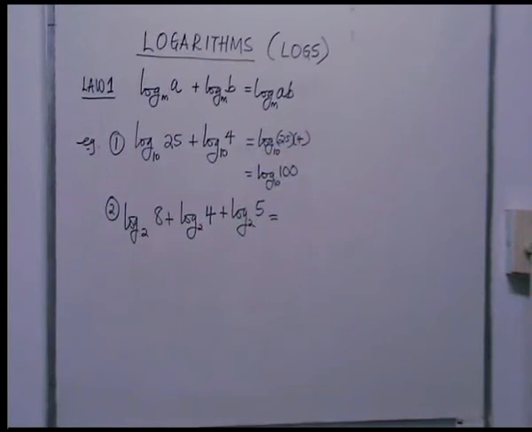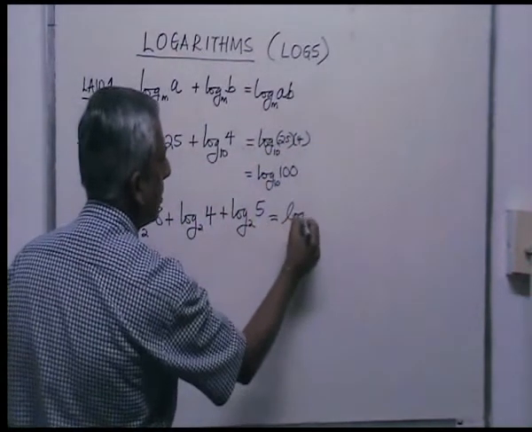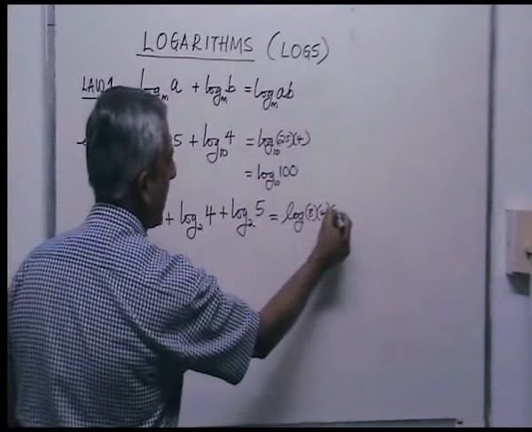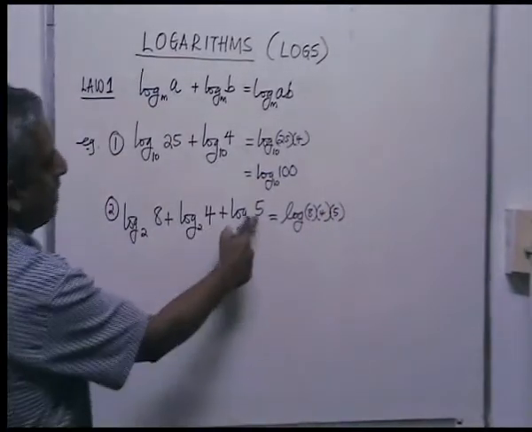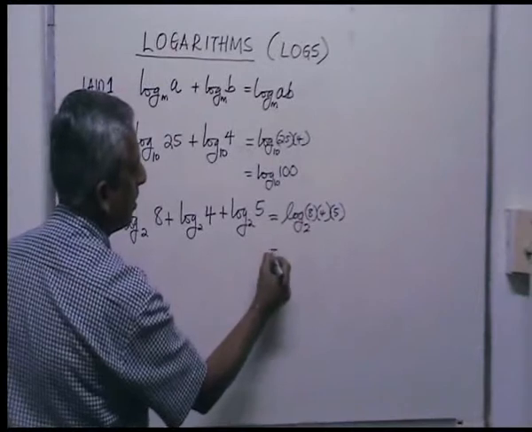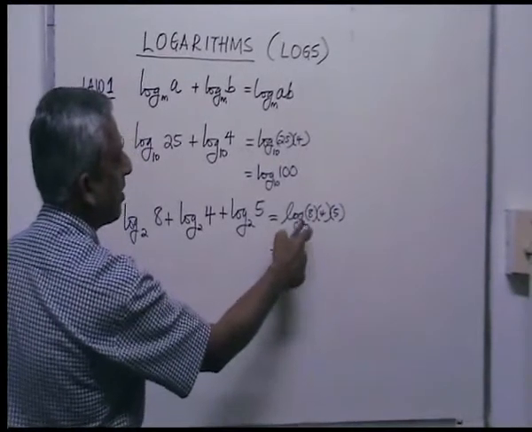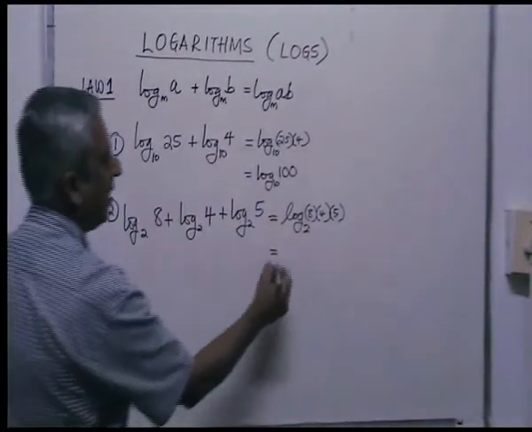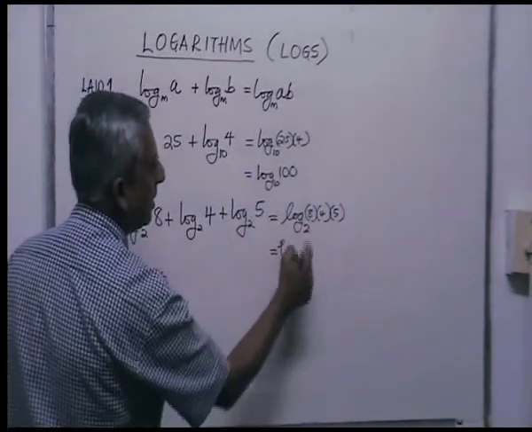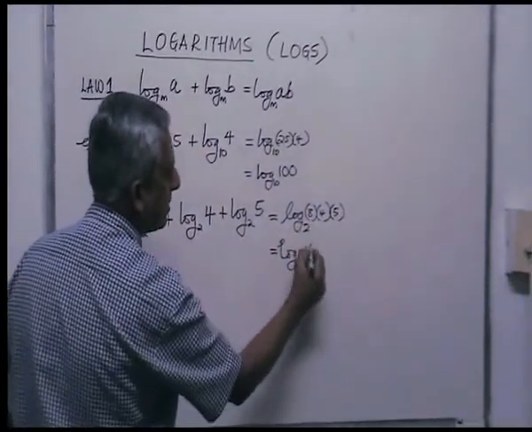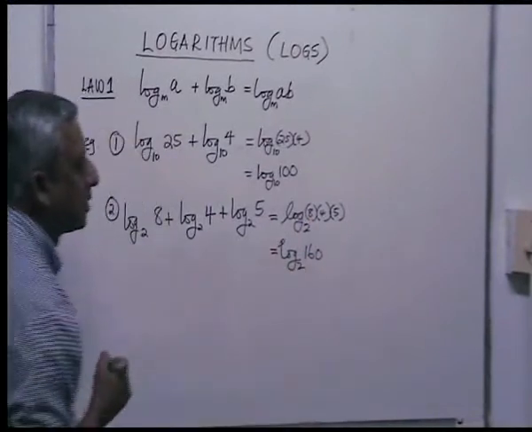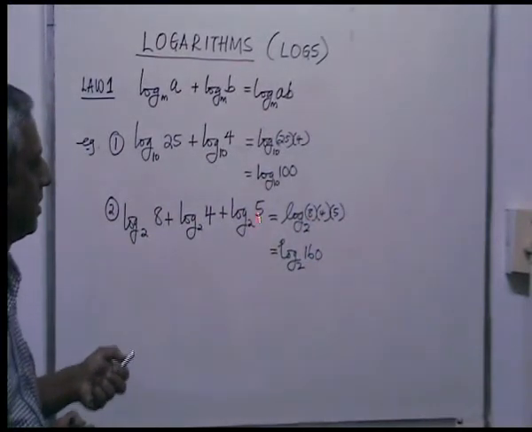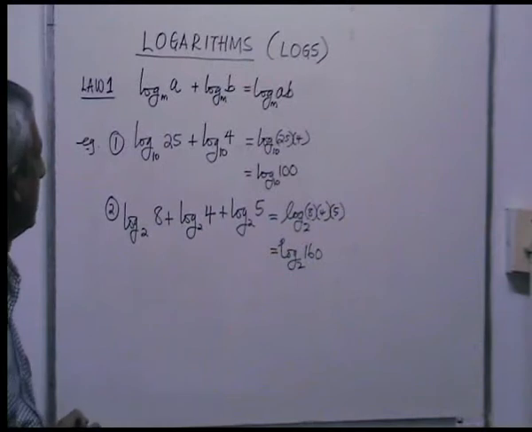So in this case, the answer will be log of 8 times 4 times 5, all to the base 2. Don't leave out the base, it must be written because it is 2. If it was 10, you can leave it out. But if it is not 10, it must be written. And that simplifies to log of 160 to the base 2.